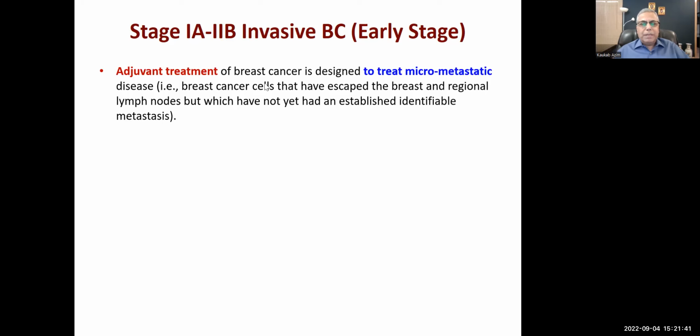So adjuvant therapy, the purpose of adjuvant therapy is to treat micrometastasis. Now, one thing about cancers is that the cancer cells are very loosely attached to the main tumor, and they break off and they go into the lymphatic system and they go into the bloodstream.